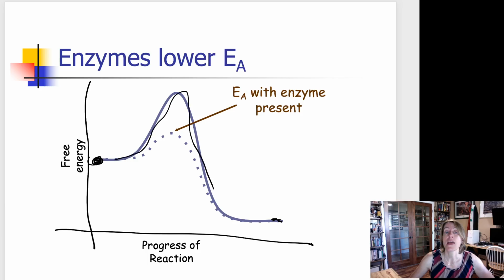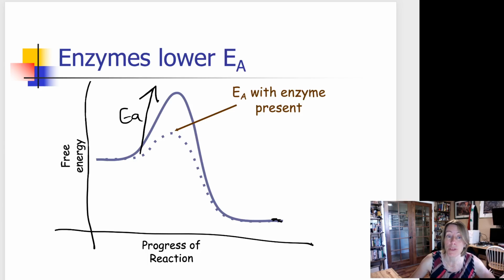All right. If there's no enzyme around, you have to put this much energy in to get this reaction to go. All this energy here, this is the EA without an enzyme. But if you add an enzyme into the mix, and the enzyme can help things out, the enzyme makes it so that you only have to get up this high for this reaction to be able to go.